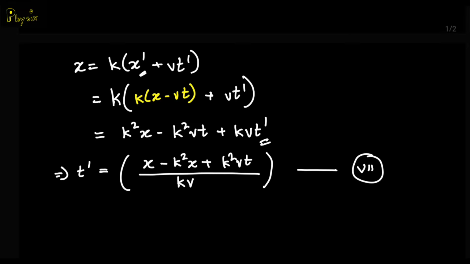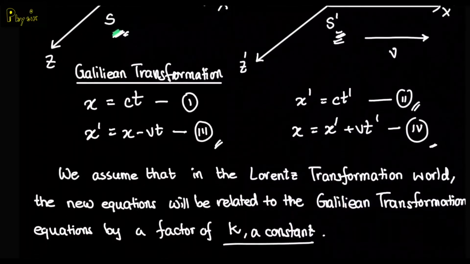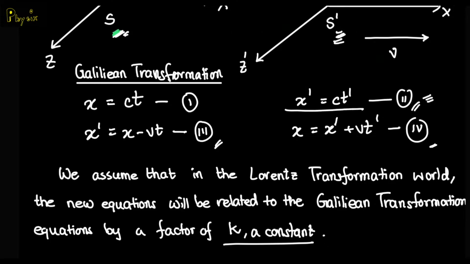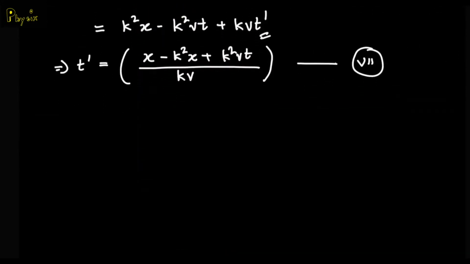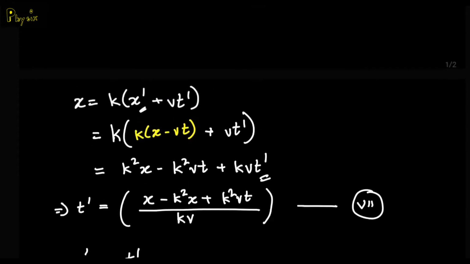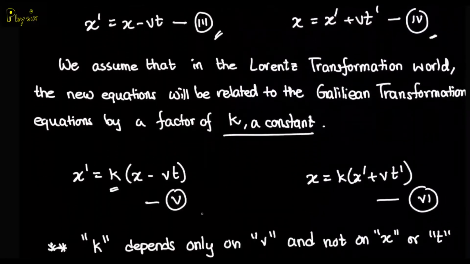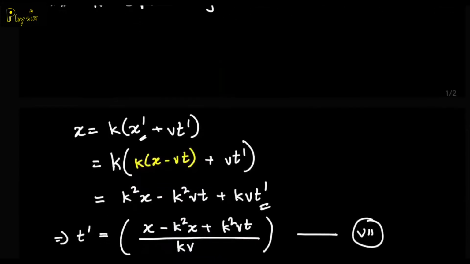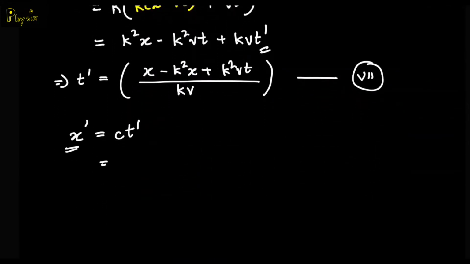Now, we also know that using equation 2 over here, x prime is equal to c t prime. So if we plug in the value of t prime in x prime is equal to c t prime, we can further get a value for x, if we use equation 5 over here to substitute that into x prime.